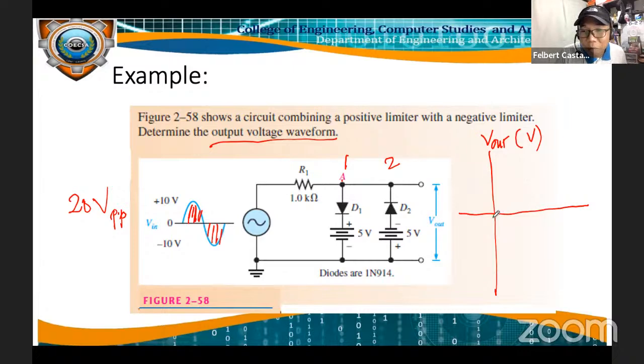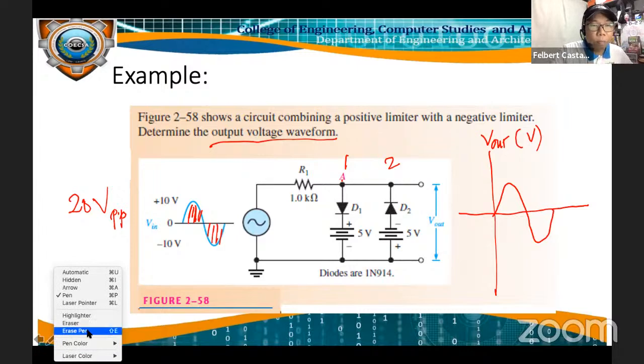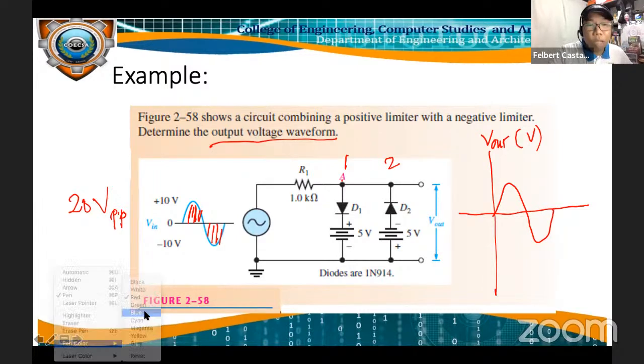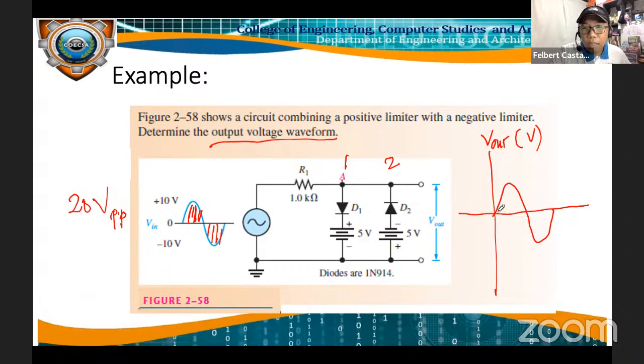Let me draw the waveform first. This is our input, the red one is the input. Let me change the color. Wait, guys. Blue. Let's label it: this is the input, displaying the input voltage.